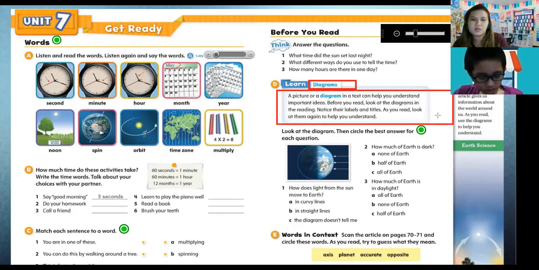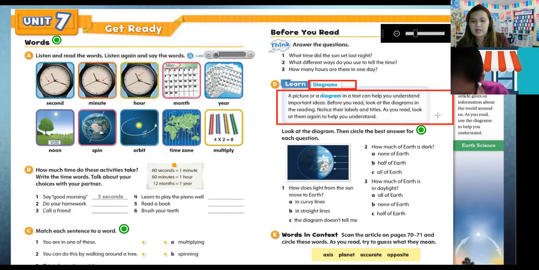Okay. So a picture or a diagram in a text can help you understand important ideas. And before you read, look at the diagrams in the reading. Notice your labels and titles. As you read, look at them again to help you understand. So again, when we say diagram, it also means a picture.